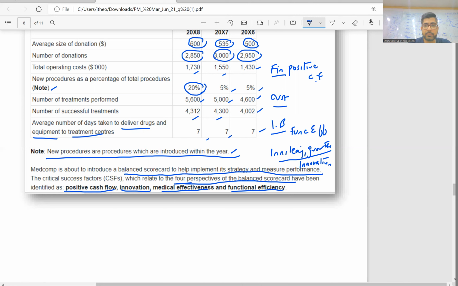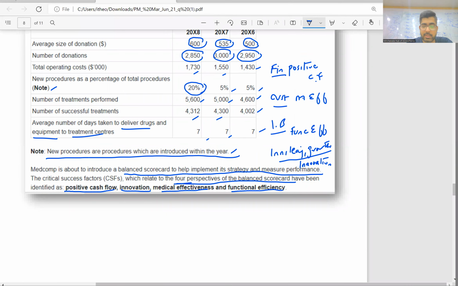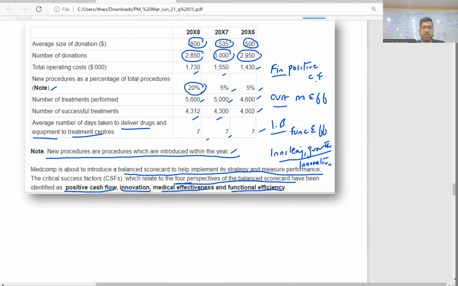Okay. And for customer, it has to be medical effectiveness. Now, it was not difficult to judge all these 4, because obviously the critical success factor for financial has to be positive cash flows. For innovation, learning, growth, it has to be innovation. Internal business usually relates to process efficiency, and customer is left with medical effectiveness. Okay.